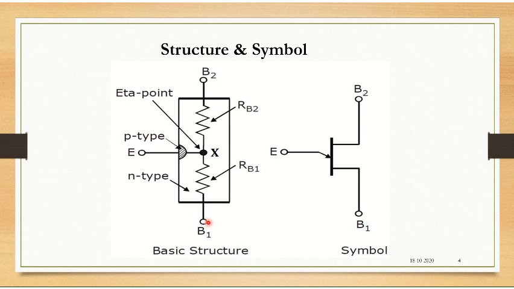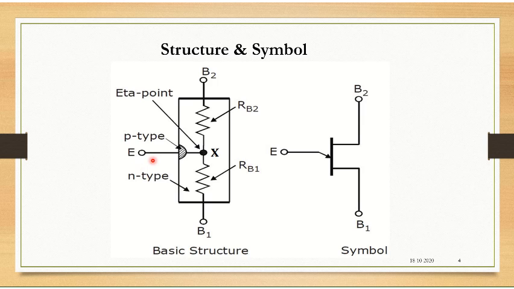We call these base 1, terminal B1, and base 2, terminal B2. Then a PN region is embedded into the N-type material. This P region is very highly doped, and the terminal across this P region is called the emitter terminal.